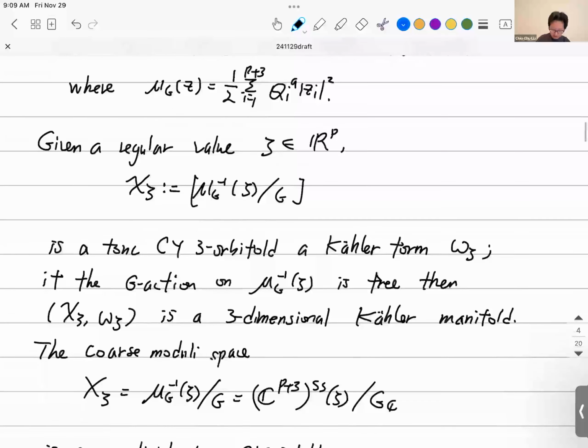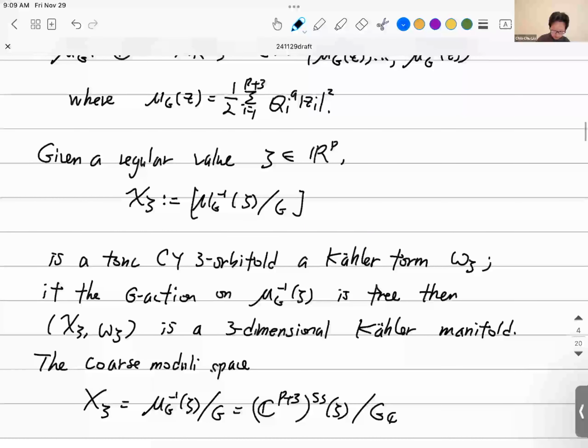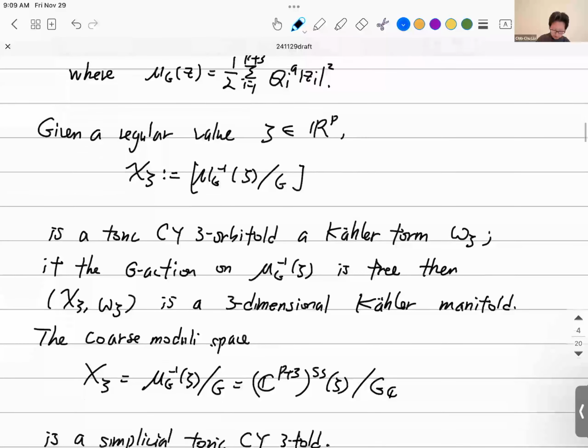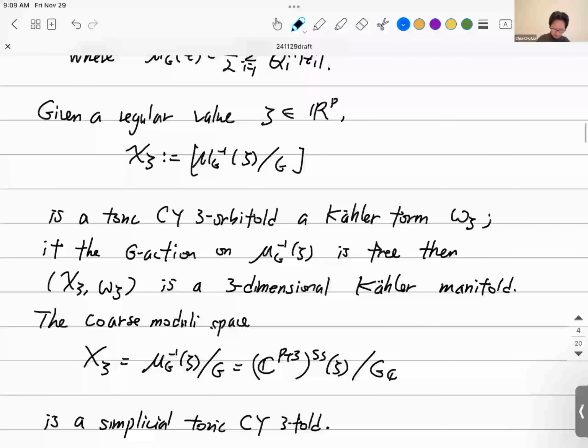In the orbifold case, we consider the coarse moduli space, which is the GIT quotient. This is a simplicial toric Calabi-Yau threefold. If the G action is actually free, then we use curly X to denote the stack quotient, and straight X is the GIT quotient.